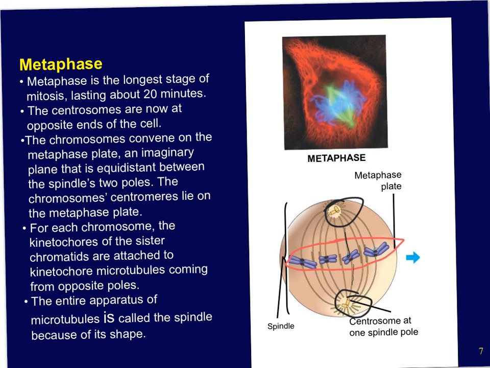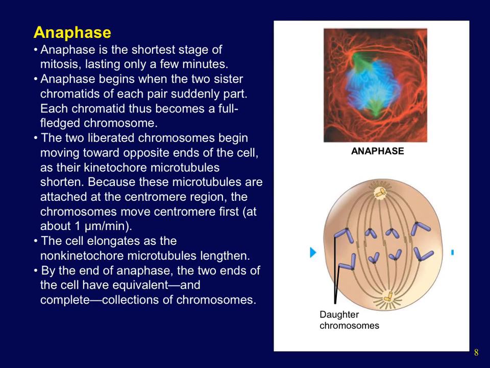Actually, those are the microtubules, which are the spindle fibers. Okay, and then we go to anaphase, where the chromatids are now pulled apart, and they go to opposite poles. And they're pulled there by the microtubules.